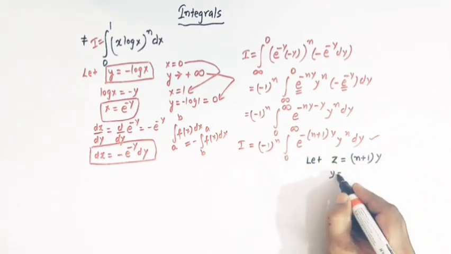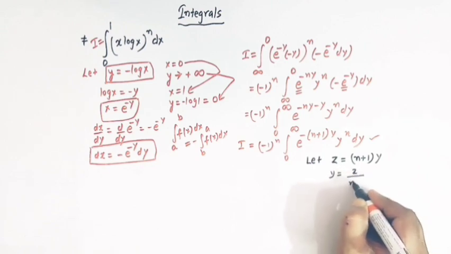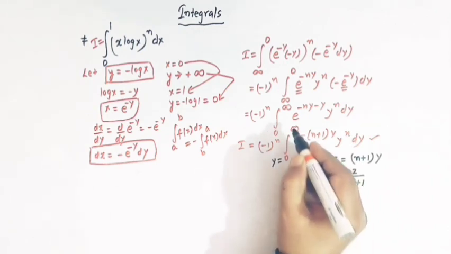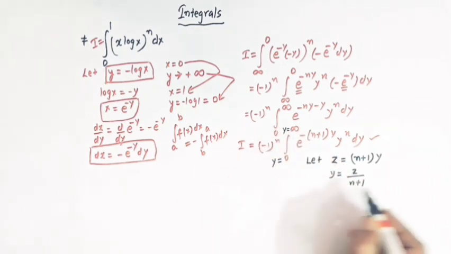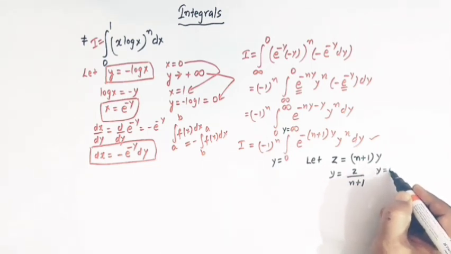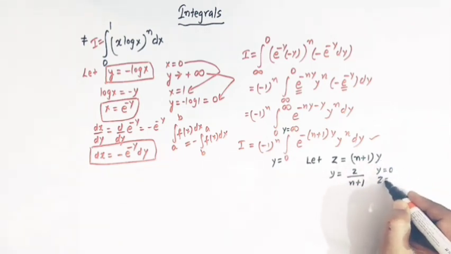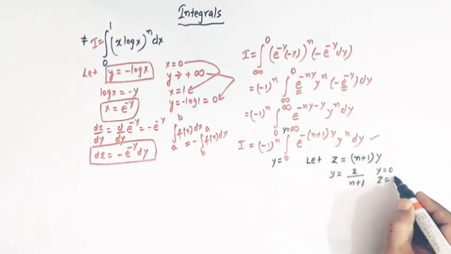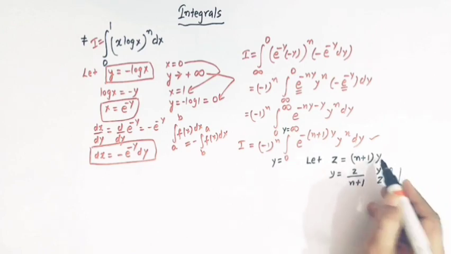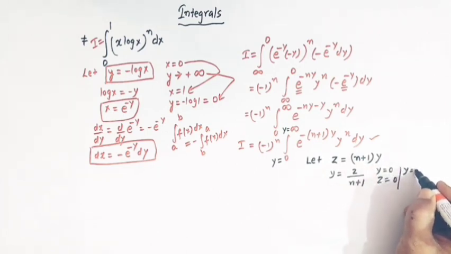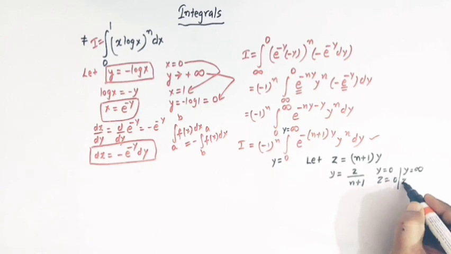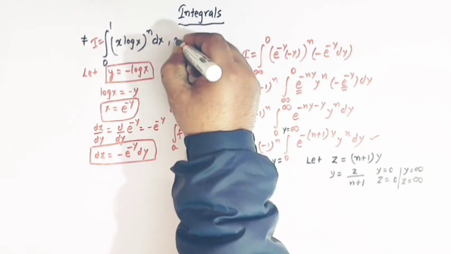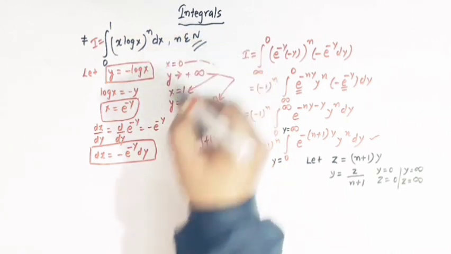So y is now z divided by n plus 1, right? And here we see that y varies from 0 to infinity. So when y is 0, then z is simply n plus 1 times 0, and here z is 0, right? And similarly, when y is infinity, then z is also infinite, right? And remember, here n is a natural number, right?